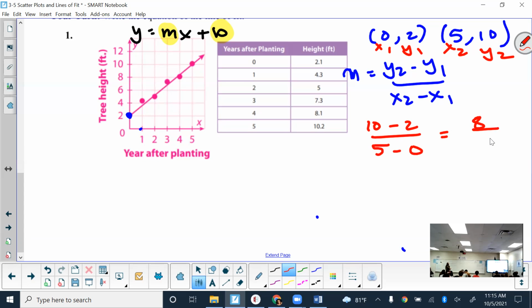And 5 minus 0? 5. Now, normally I tell you to leave the slope as a fraction, but for comparing purposes, let's make it a decimal so we can see if you got a close answer. Do you guys know how to convert fractions to decimals? Yep, you just divide them. So in your calculator, do 8 divided by 5, get 1.6 for the m.